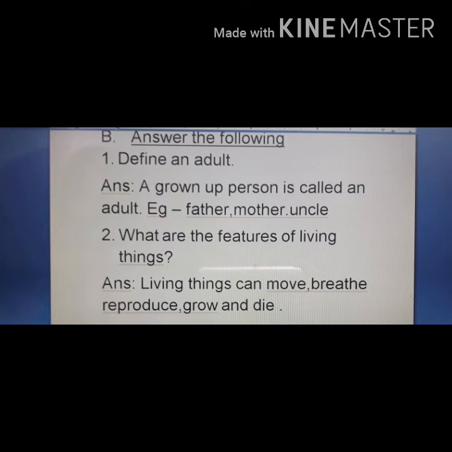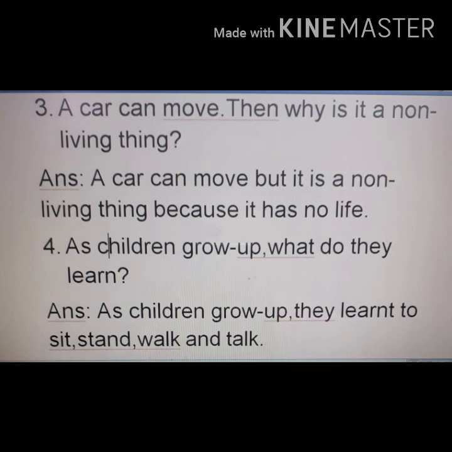Answer, living things can move, breathe, reproduce, grow and die. Question number 3, a car can move, then why is it a non-living thing? Answer, a car can move, but it is a non-living thing because it has no life.